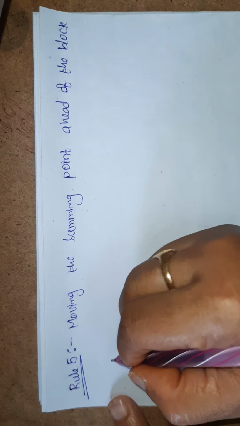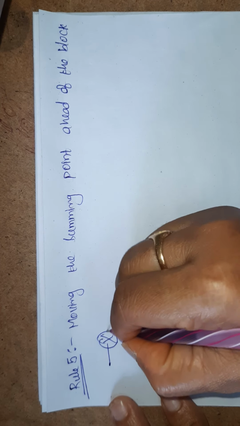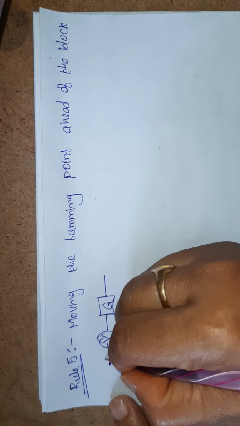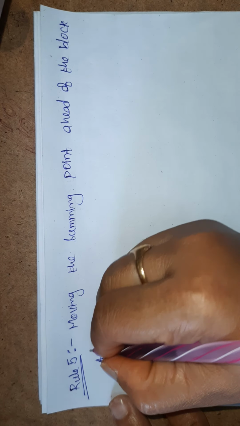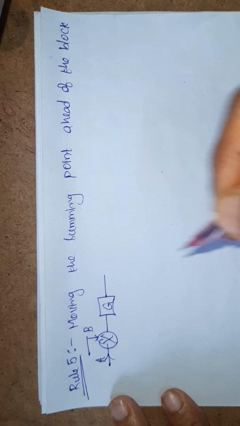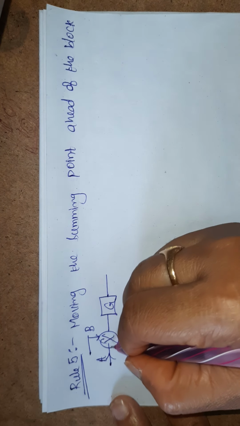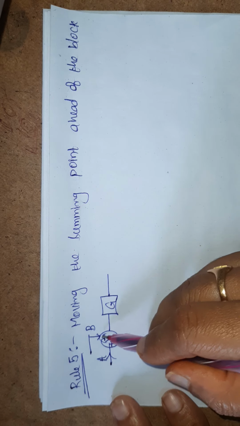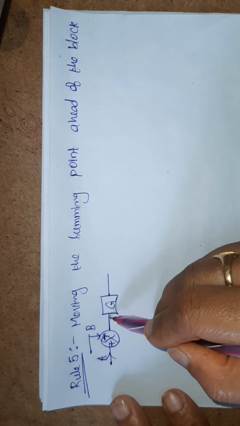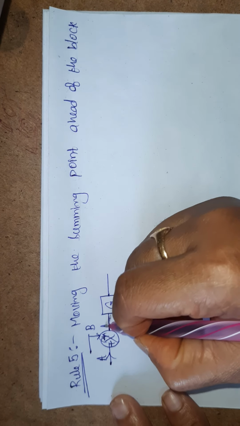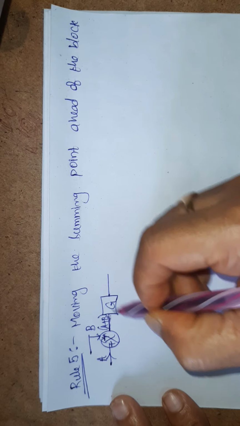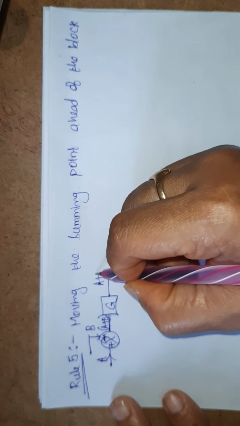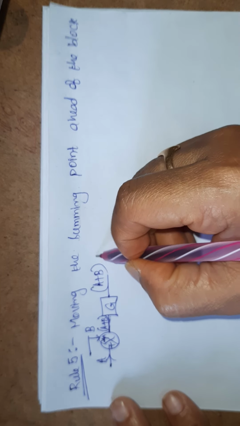Here this is a summing point I am having, this is the block. For this the input is A and for this the input is B, and both are having positive signs. If two are combined here, what is the output? A plus B, and this A plus B is multiplied with G, then the output is A plus B into G.